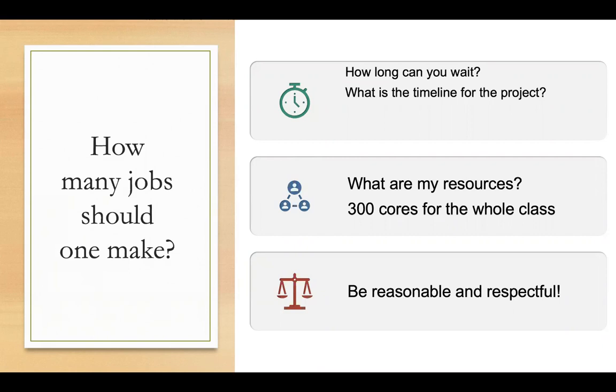The other question to ask yourself is, what are your resources? If you're in the Advanced Biosystems Modeling course with Dr. Carpena, Dr. Kiker, and Dr. Huffaker, then you have 300 cores that you're sharing with the entire class. So you may only be able to use 5 to 20 cores at a time. Therefore, you need to be reasonable and respectful about how many cores you are requesting in the system, because if you use up all the cores, then someone else will not get to use them.